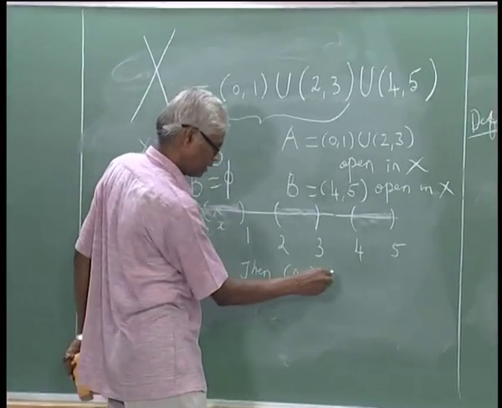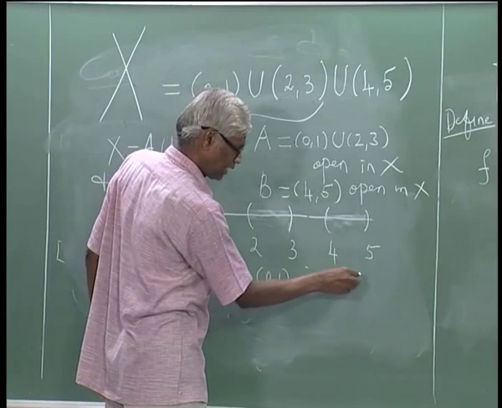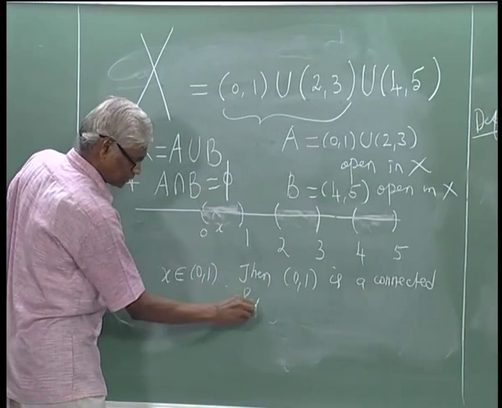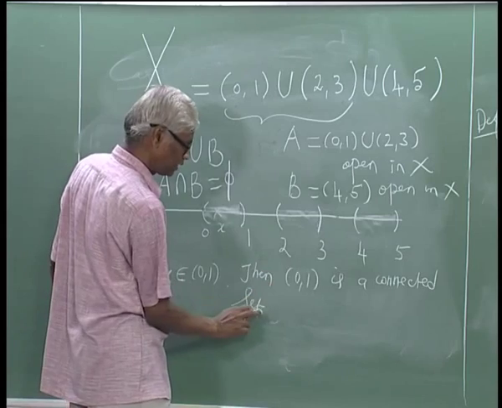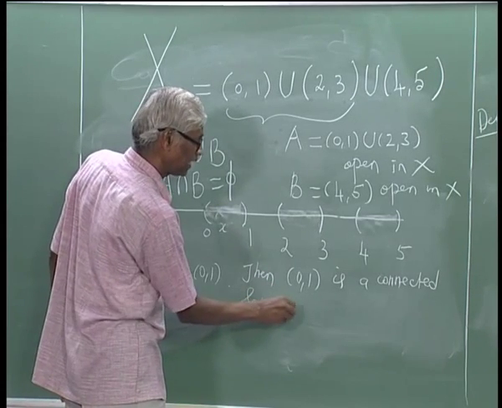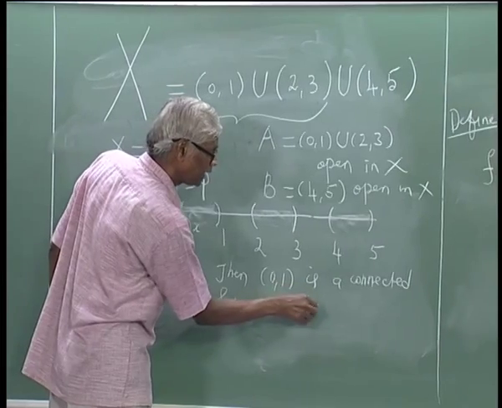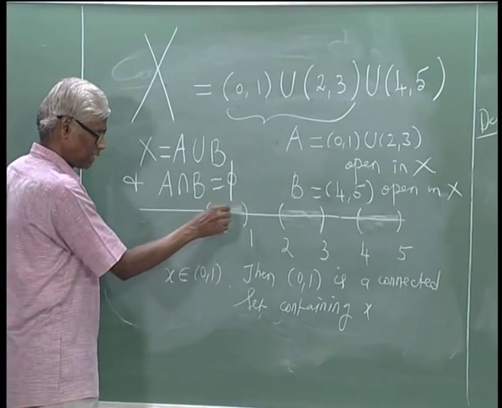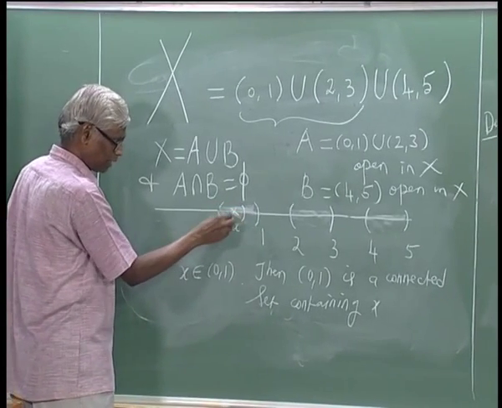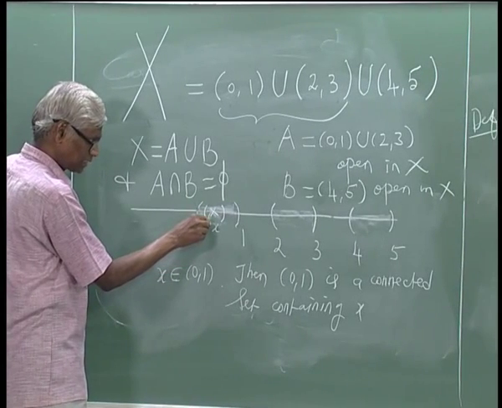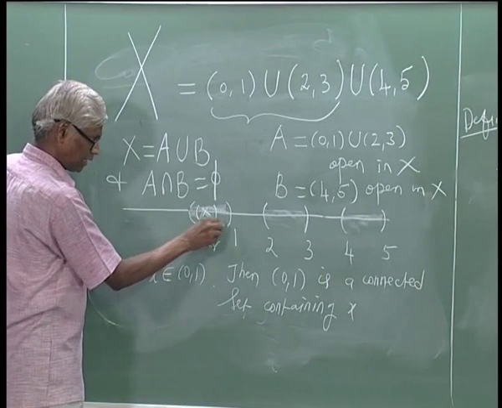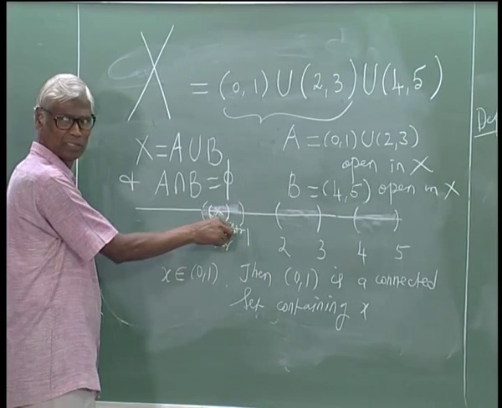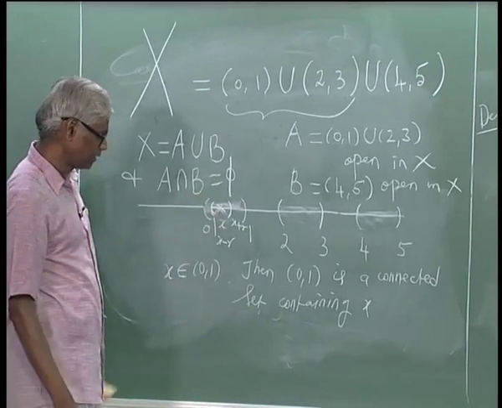So (0, 1) is a connected subset of X containing x. Now we will find an R small enough such that the open interval (x minus R, x plus R) is also a connected set.